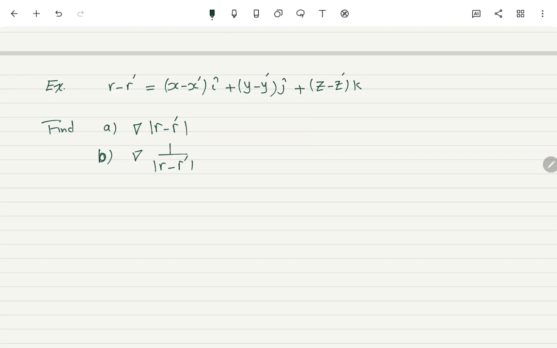Now before going further, these two quantities are very important quantities in electrodynamics, so let's find them.